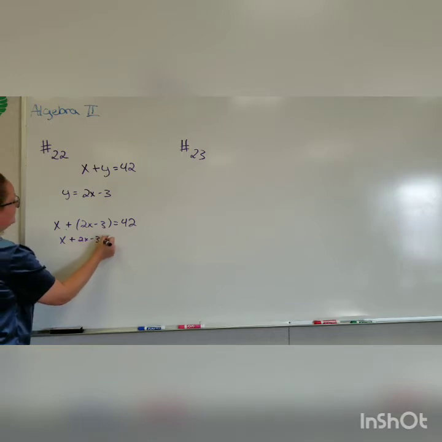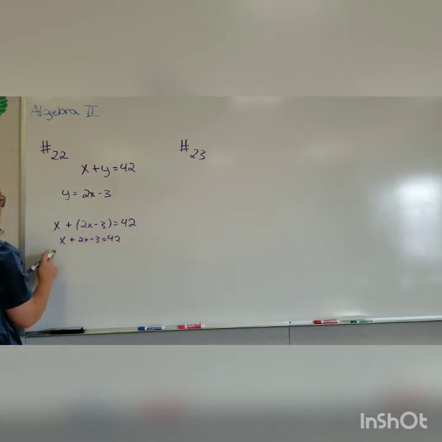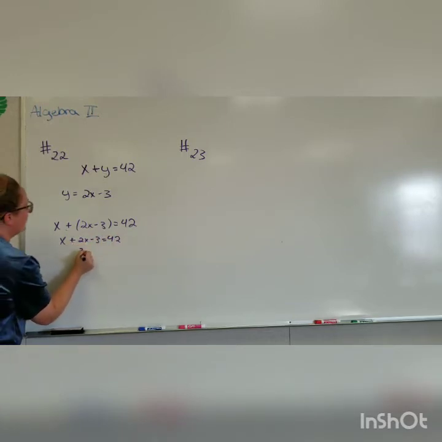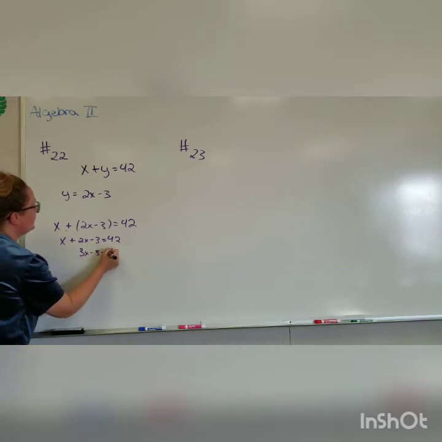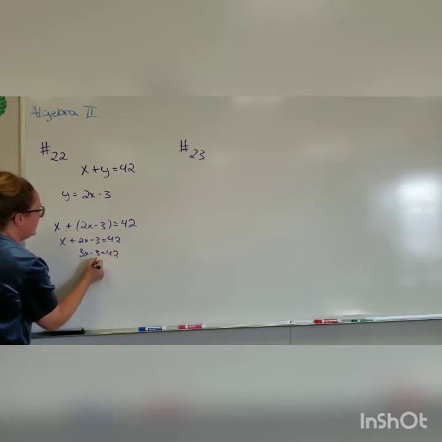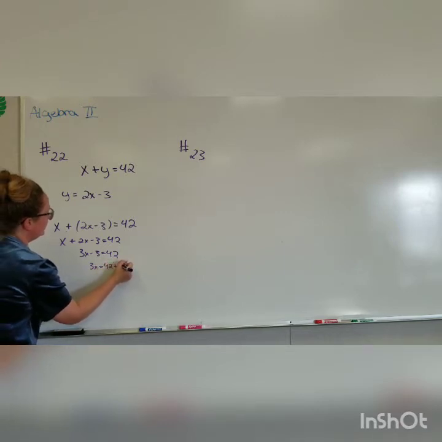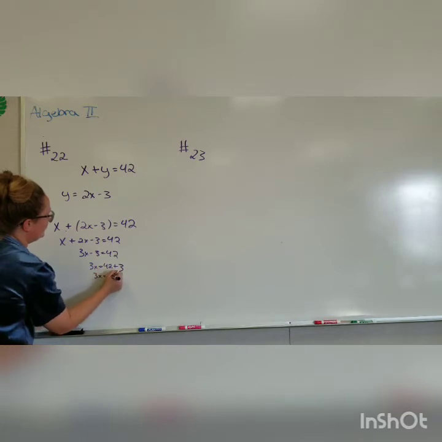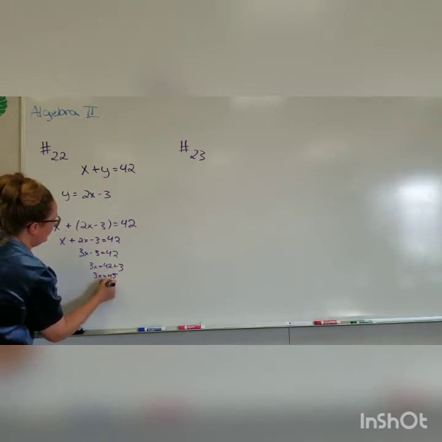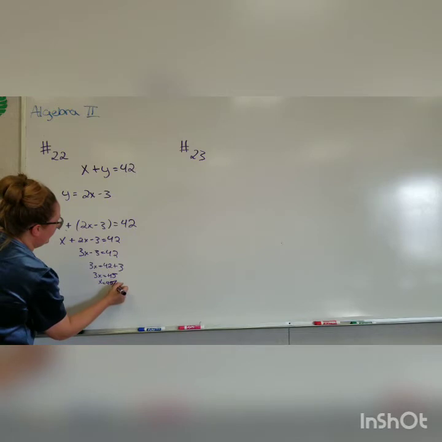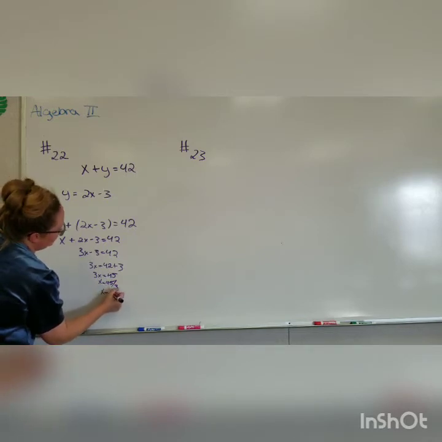You can just come off. All right, add your like terms. X plus 2x is 3x minus 3 equals 42. 3x equals 42 plus 3. 3x equals 45, and x would equal 45 divided by 3, which is 15.